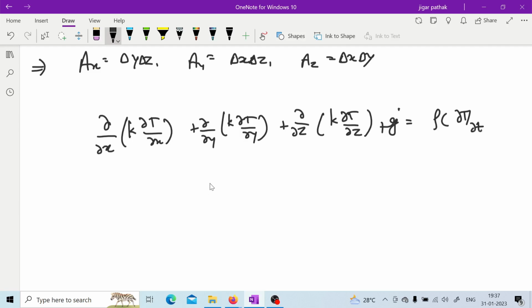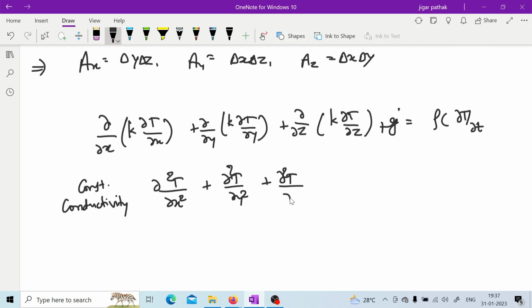Now for constant conductivity, here also you can simplify. You can simplify it to this equation if conductivity is constant. This is known as the Fourier-Biot equation.